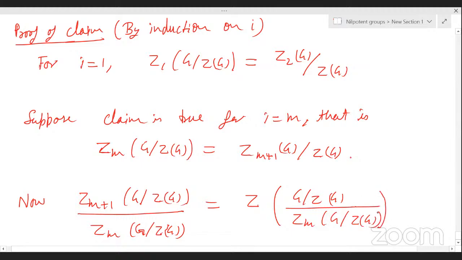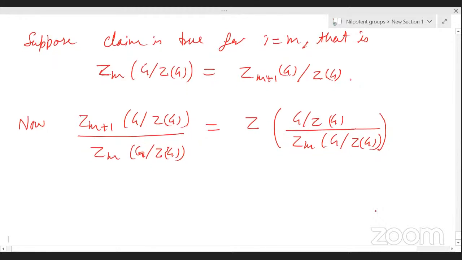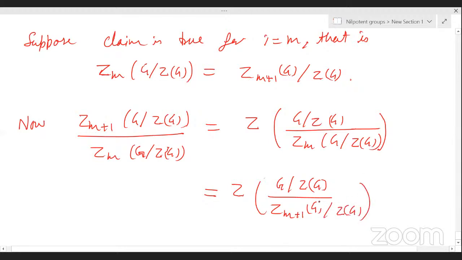This is the definition of the upper central series which we are using here. And now by induction, this Z_m(G/Z(G)) can be written as Z_{m+1}(G)/Z(G). So we can write it as the center of G/Z(G) upon Z_{m+1}(G)/Z(G). I hope you agree at this point. There's no problem.